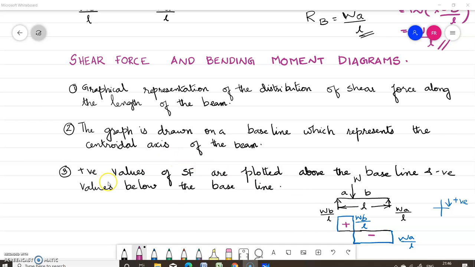So we have to plot the positive values of shear force above the baseline and negative values of the shear force below the baseline. The baseline represents the centroidal axis of the beam.